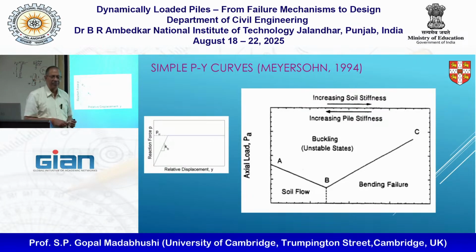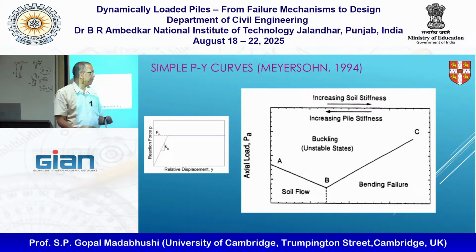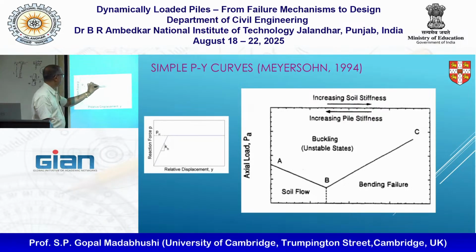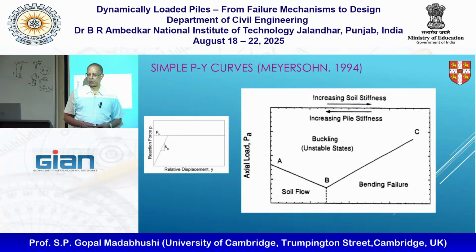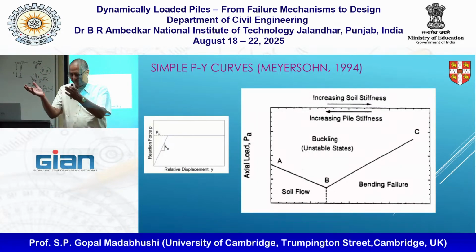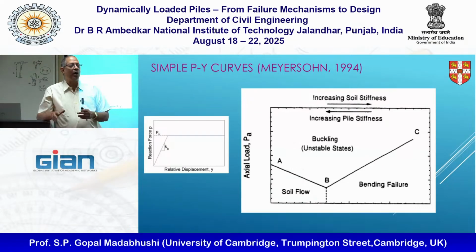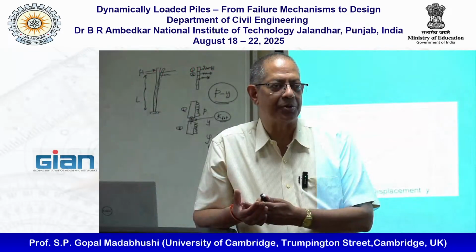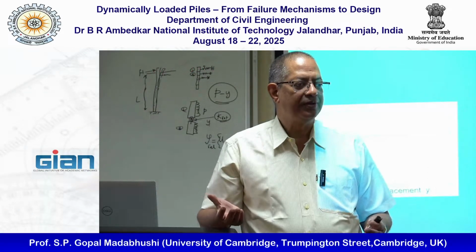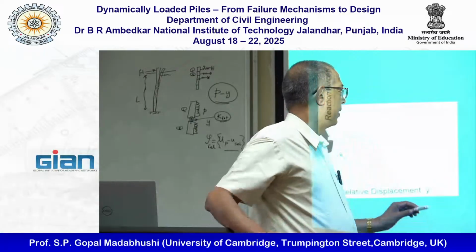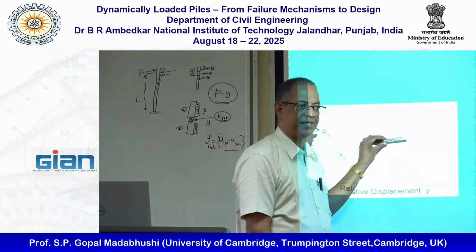Why is that? Why do you think there should be a limit? So we have a P ultimate. Why is there such a nice cutoff there? Can you think? Perfect. Yeah. Once you reach the passive capacity of the soil, it can't do any more. So there will always be some ultimate pressure.